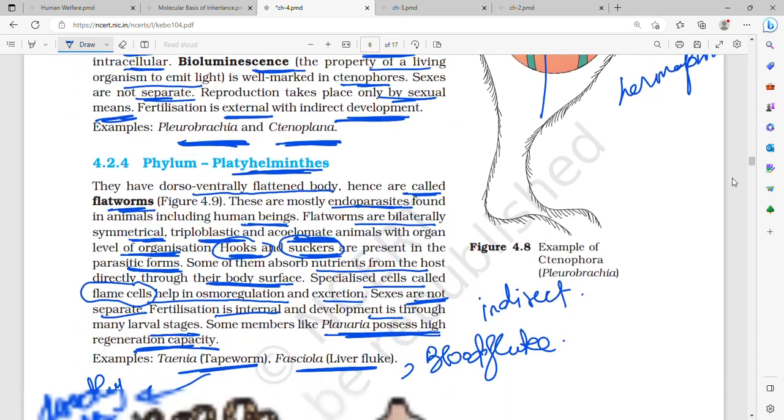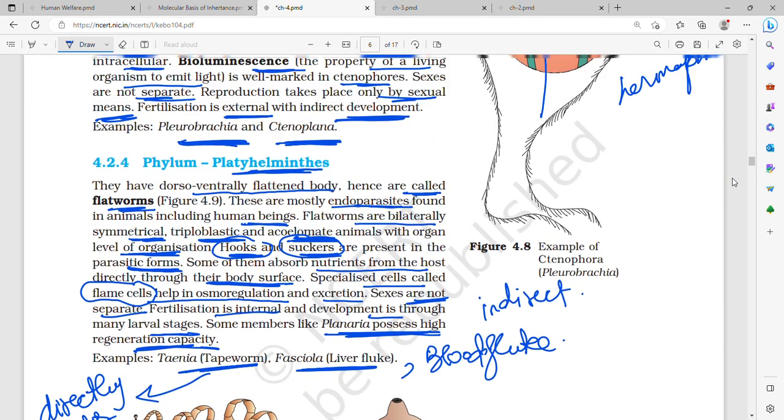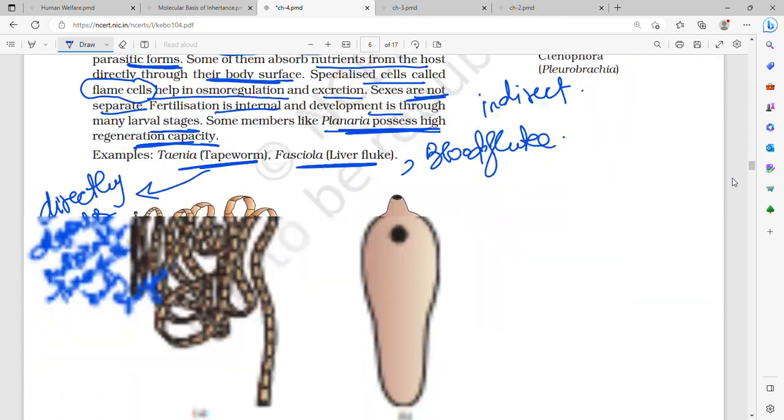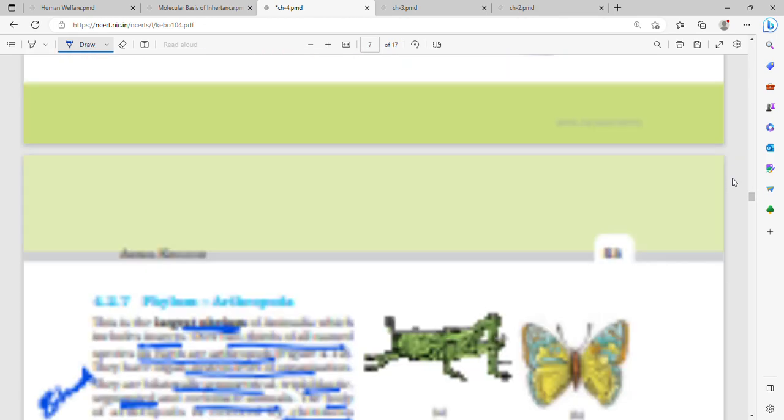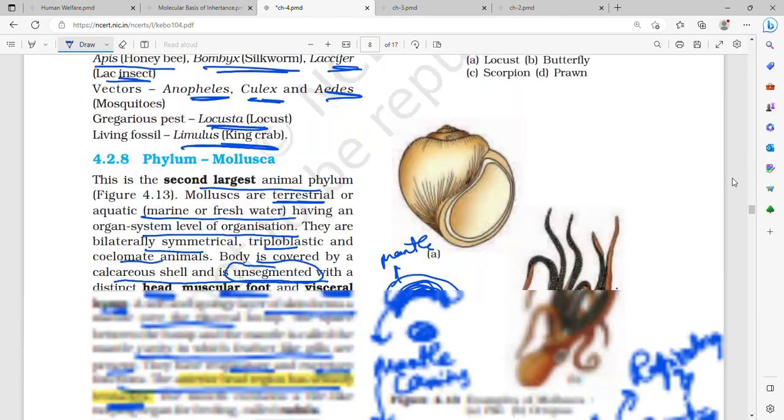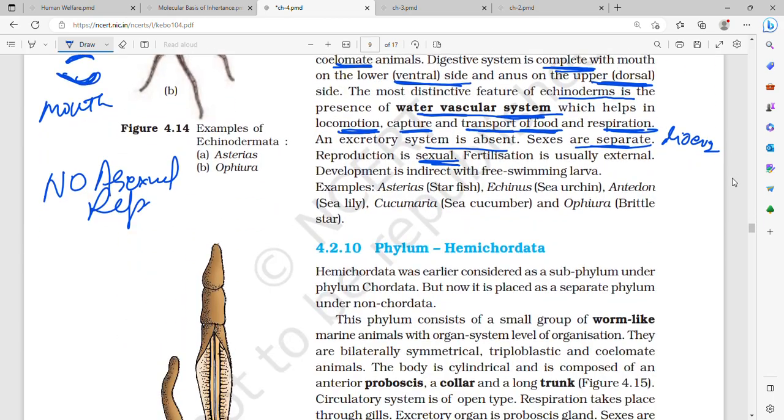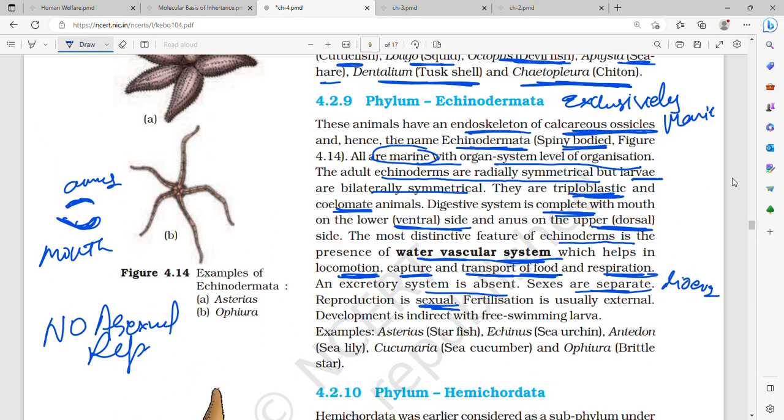Ctenophora is also exclusively marine, and Echinodermata is also exclusively marine. In both, asexual reproduction is absent. So Ctenophora and Echinodermata are both exclusively marine, and in both of them there is only sexual reproduction.